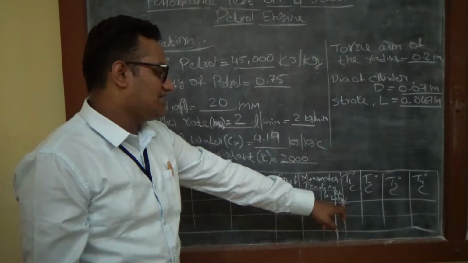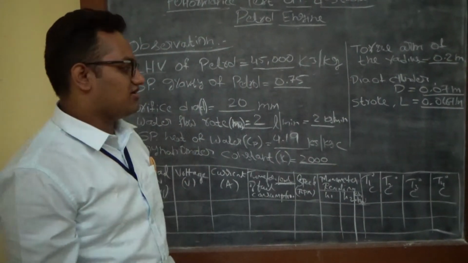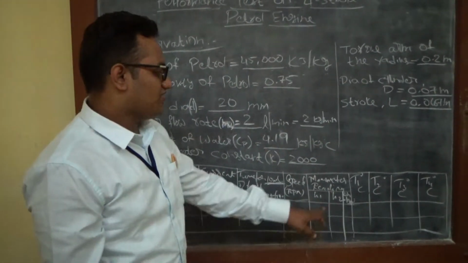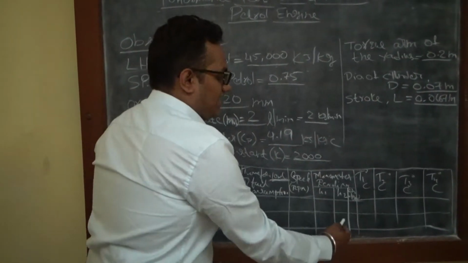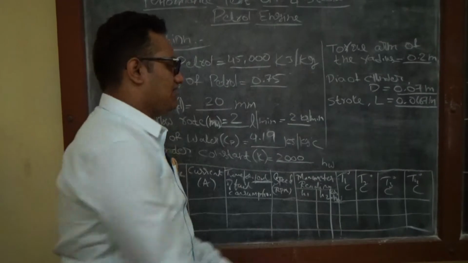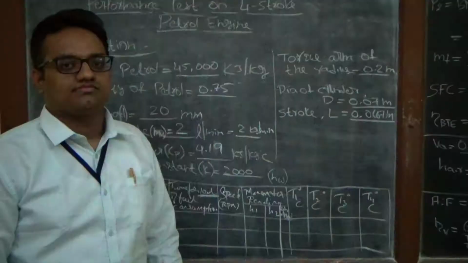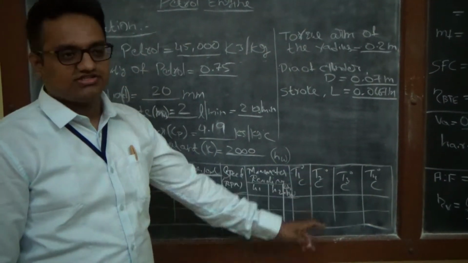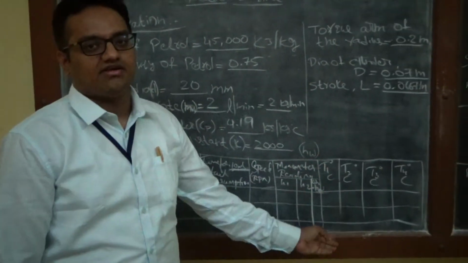We also have delta H, which is the manometer reading in terms of meters of air, or in this case meters of water, and we call that HW. That will be the same thing we use in the calculation. The temperature has to be noted down for each load. For each load there will be different temperatures.